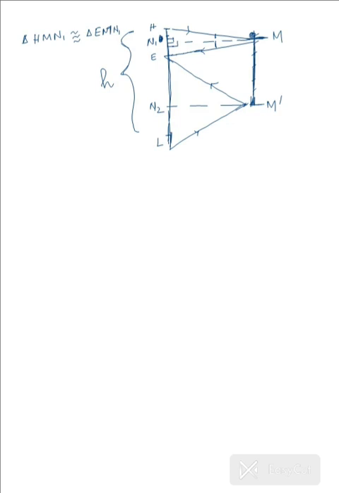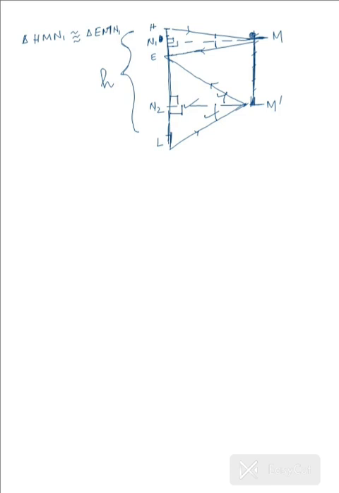So here also we have the same case where because of reflection you have the angle of incidence and the angle of reflection to be the same. The first one is the angle of incidence and this one is the angle of reflection. And you have a common side N2M dash, and then again you have the other angle, that is 90 degrees, the normal that meets the point N2.